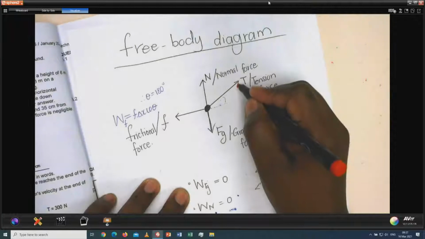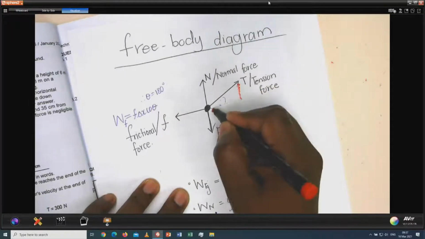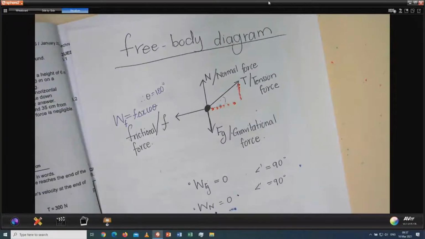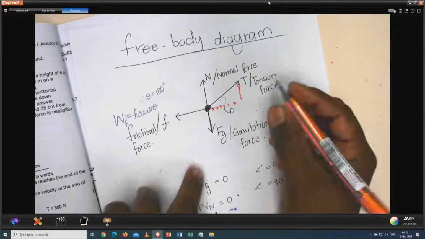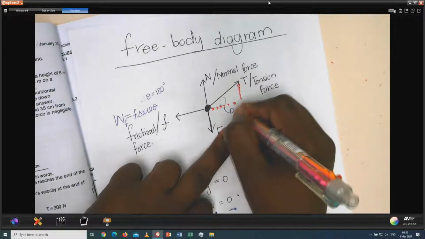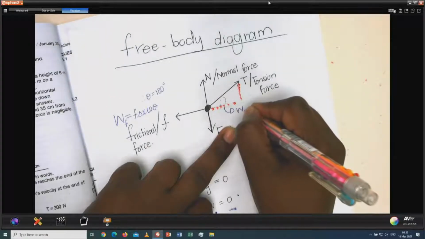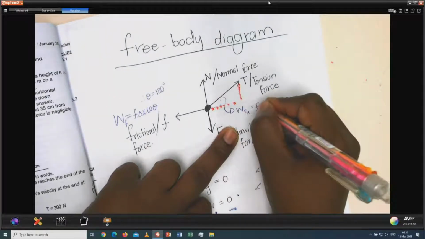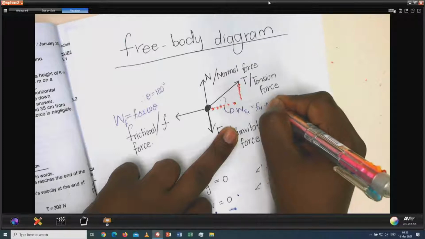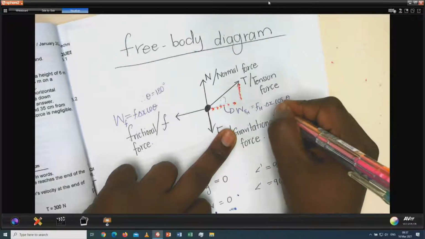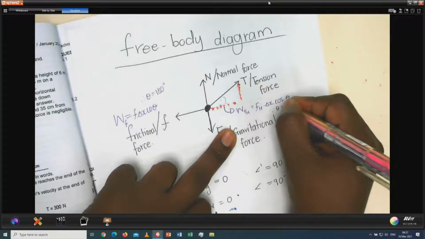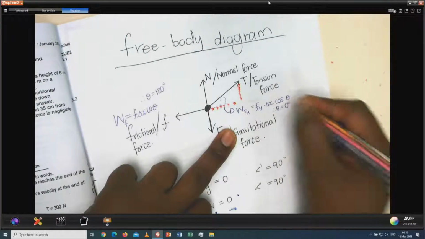Remember we said there is this component and then there is this component, and we are concerned with the horizontal component, and the work done by F horizontal will be F horizontal delta X cos theta, and just remember again theta here will be 0 degrees.